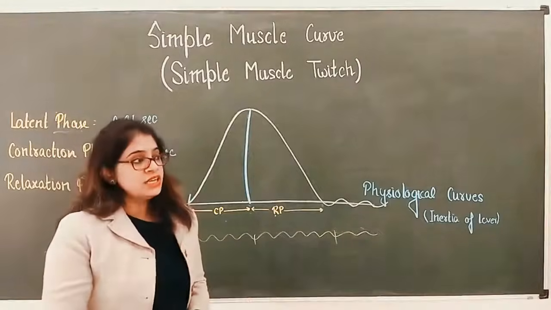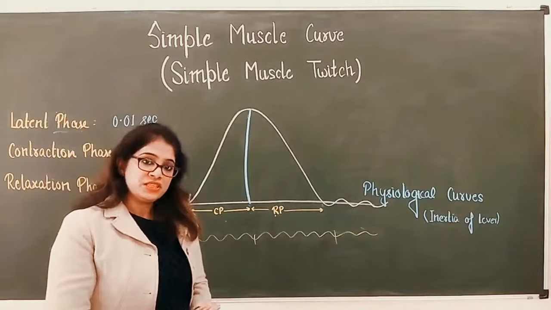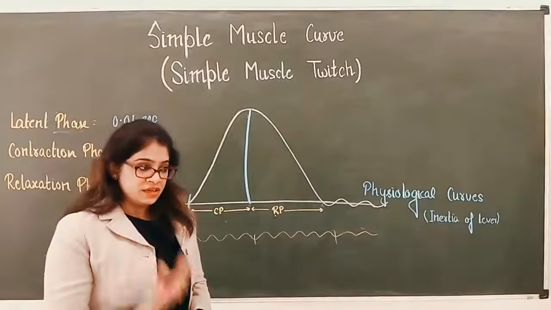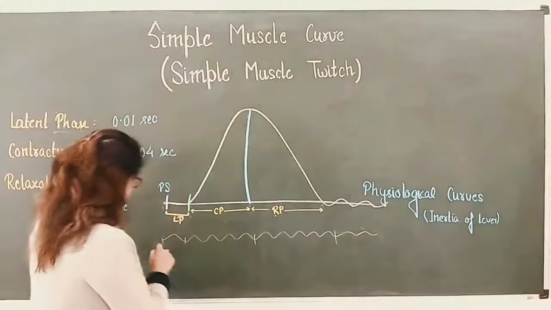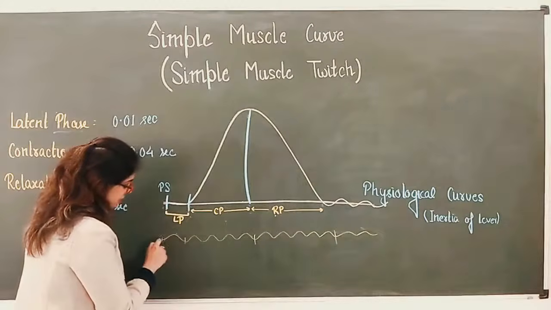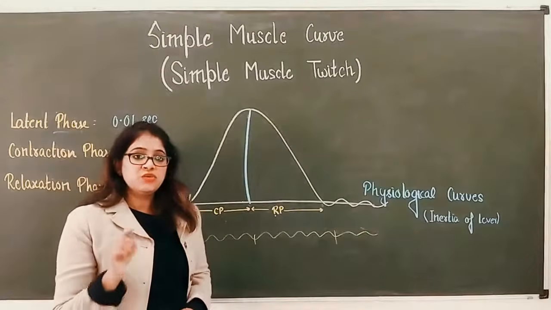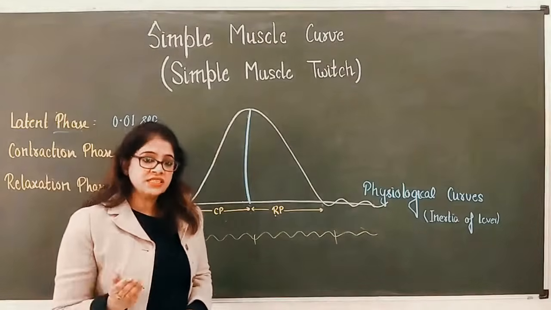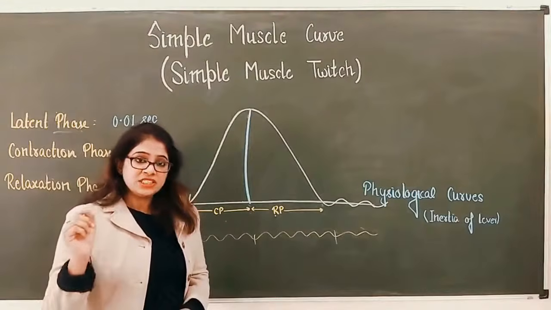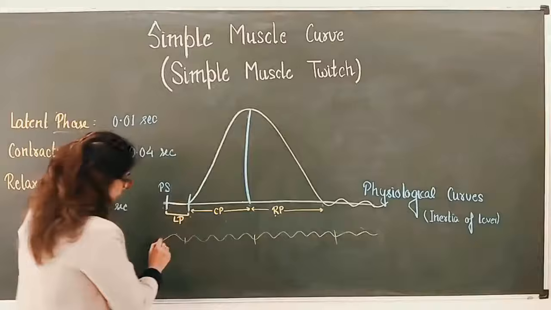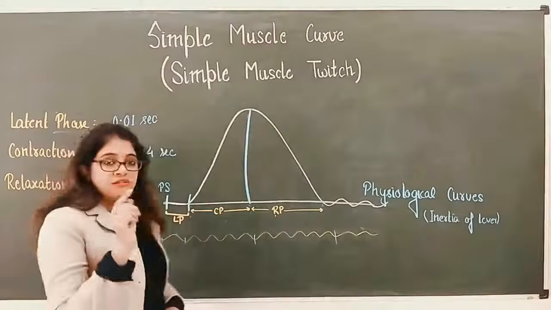Mostly the time tracer which we use in this experiment has 100 Hz frequency. 100 Hz frequency means the duration of a single curve is 1 by 100, that is 0.01 seconds. 100 Hz means 100 vibrations per second, so the duration of one curve is equal to 1 by 100.